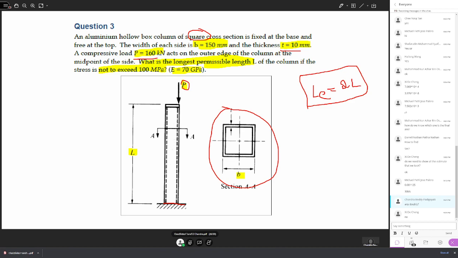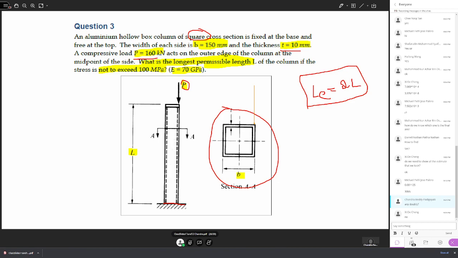So somewhere the load is acting, okay, so the load is acting something like this. So the load is acting at the outer edge of the column at the midpoint of the side.